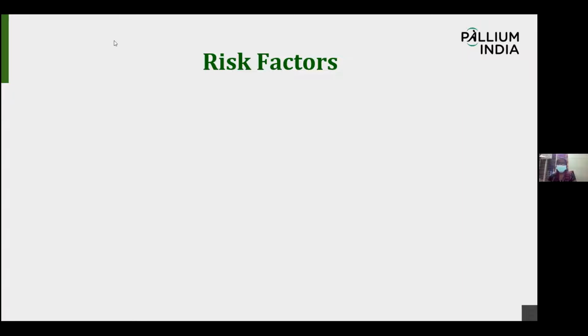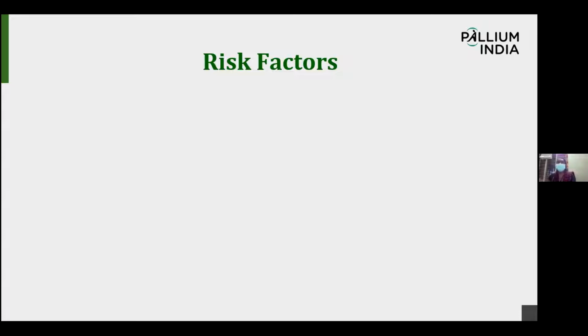Sorry. So let's see what are the risk factors. So there are three major causes of pressure ulcer. One is, as we discussed earlier, unrelieved pressure. Pressure is the one major cause. The second thing is friction, and the third one is moisture.